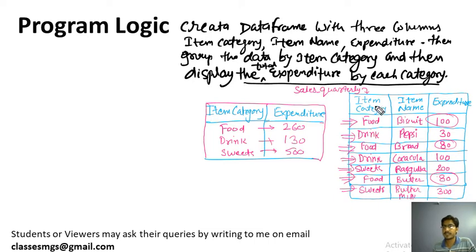Okay, this original data frame might have different duplicate items and duplicate categories. In this resulting table, we want only unique item categories, and then the total expenditure of the items that come under each category. Okay, this is how we want the output.